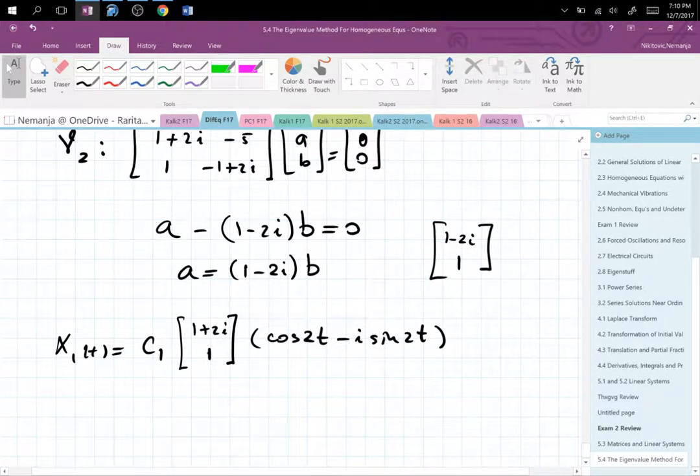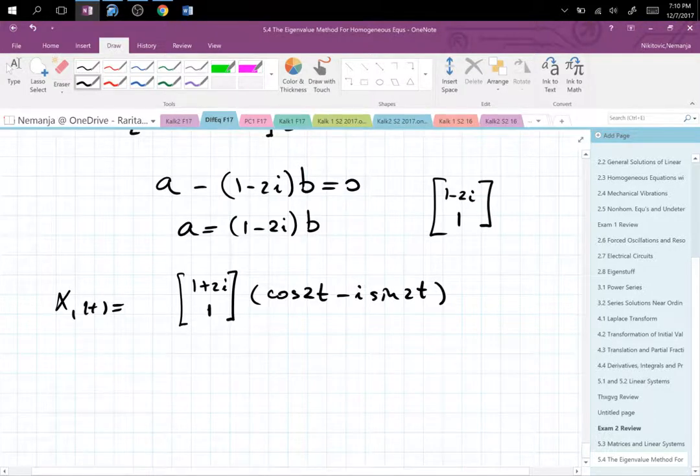I don't even need C1. C1 I'm going to put actually in the end. So when I multiply this, it's going to be trickier because we have 1 plus 2i, right? So you go first 1 times everything. So that's cosine 2t minus i sine 2t.